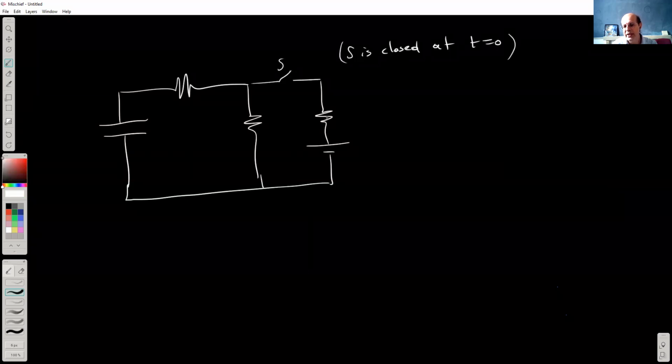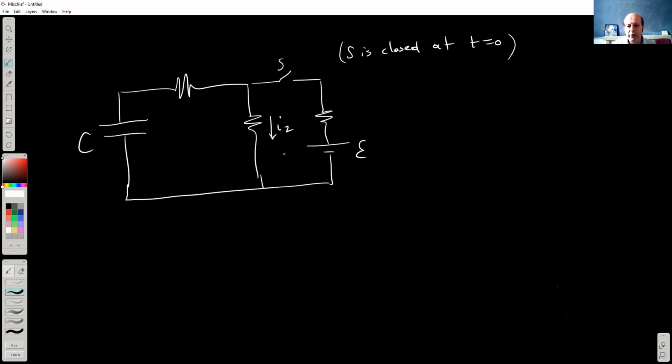Let's say that this kind of information is given. I don't want to actually use the labels in here, but let's just talk about, for example, the current in this branch. So the question is, find the time dependence of the current I2. I mean, write I2 as a function of time.